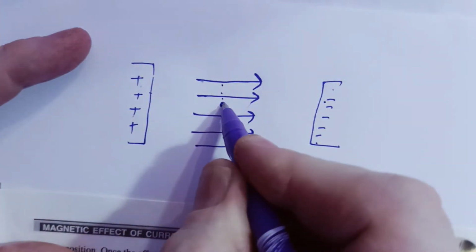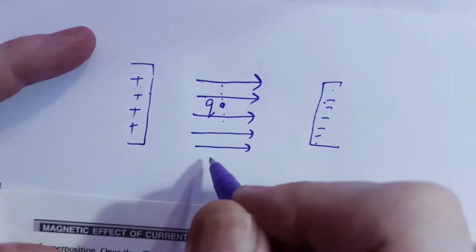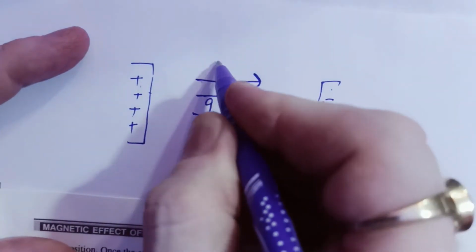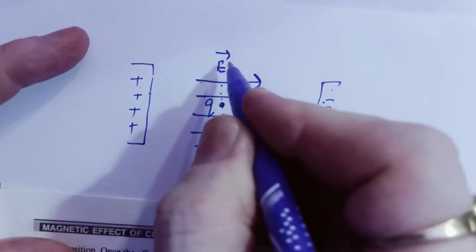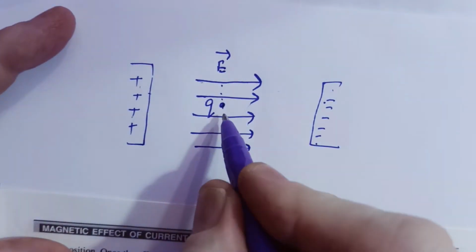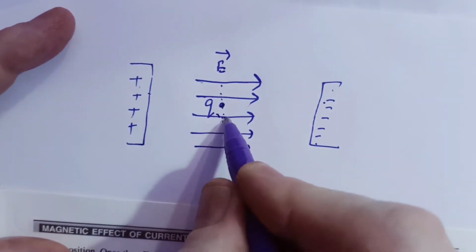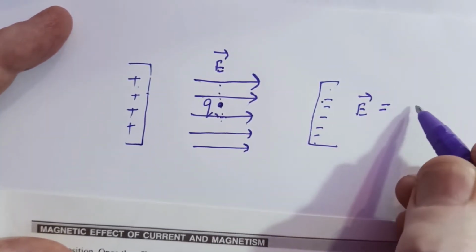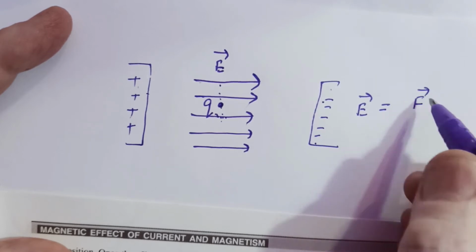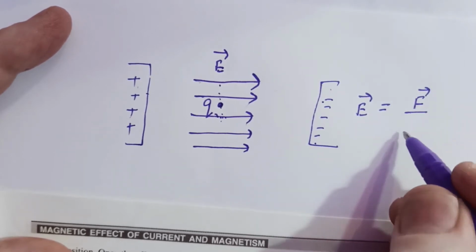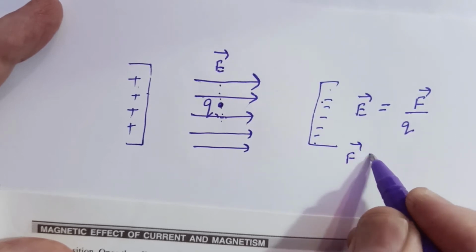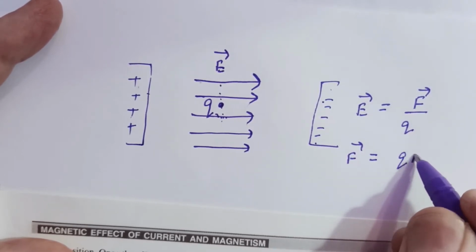Now, if there is some charged particle Q, it will experience a force because it is in the electric field. How much force will it experience? By definition, electric intensity is force per unit charge, so it will experience a force equal to Q times the E vector.